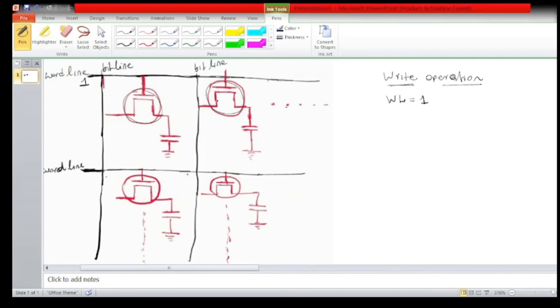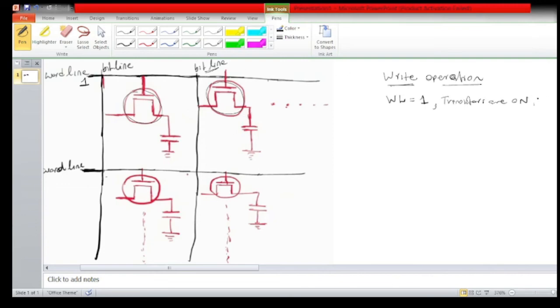Okay, these transistors are on. So then what will happen? Now the current can flow through this path. According to the value of this bit line, your capacitor will be charged or discharged.